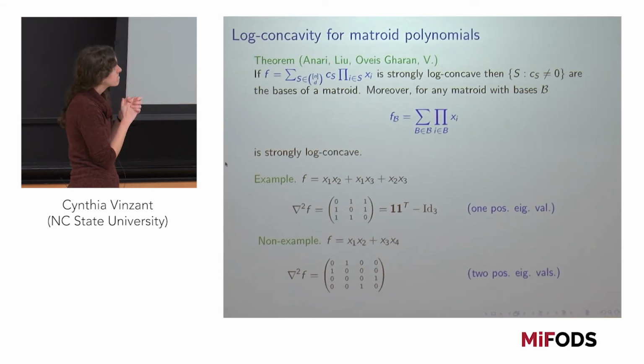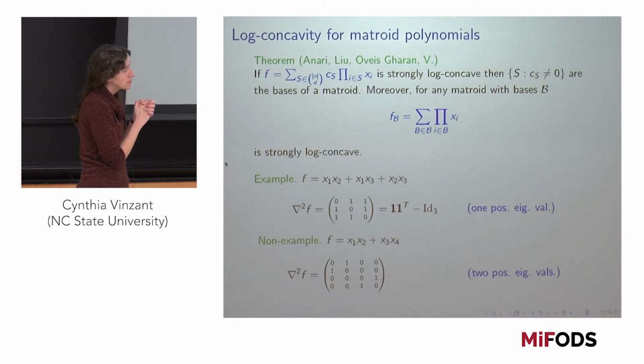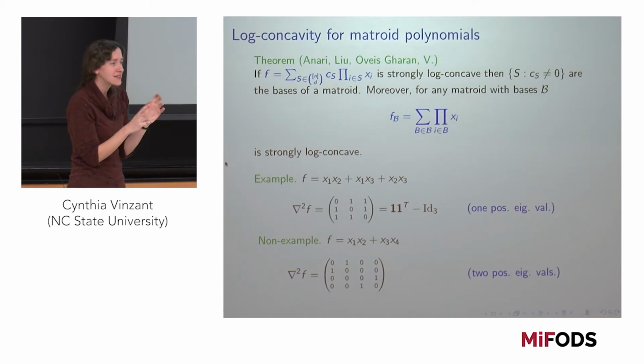And is it hard to go from this to the bases of a matroid? There's actually a nice characterization of being the bases of a matroid: you're a 0,1 polytope where all the coordinate sums are fixed, with exactly this property, that all of the edges are parallel to e_i minus e_j. That's actually a characterization of matroids.